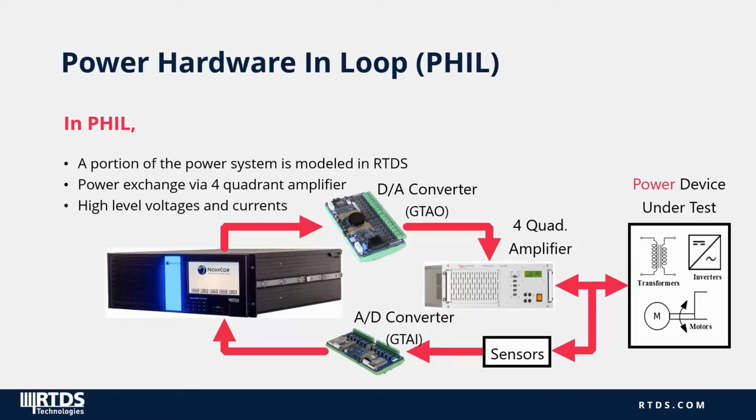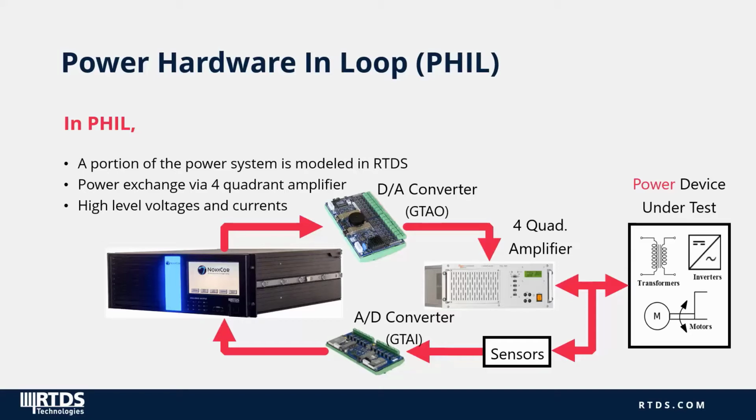So really what we're doing here is we have a portion of the power system being modeled and simulated inside the RTDS, and another portion of the power system, here the power device under test, which is being interfaced with that simulated power system. The way that we create this interface is by sending signals out of the RTDS and bringing signals into the RTDS.